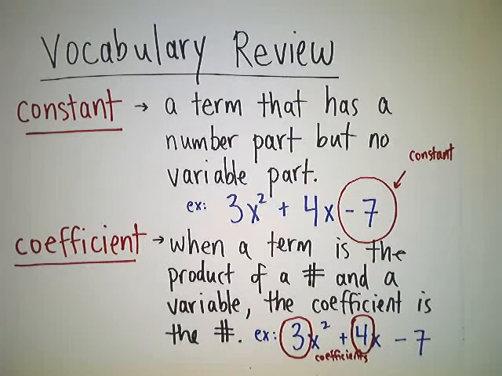If I asked you what the coefficient of x squared is, you'd tell me 3. If I asked you what the coefficient of 4x is, I actually want you to say it. What is it? Yeah, that's right, it's 4. Now, is negative 7 a coefficient here? No. Negative 7 is not a coefficient. Negative 7 is a constant, just as we saw before. Let me give you 30 seconds to finish copying whatever you need.